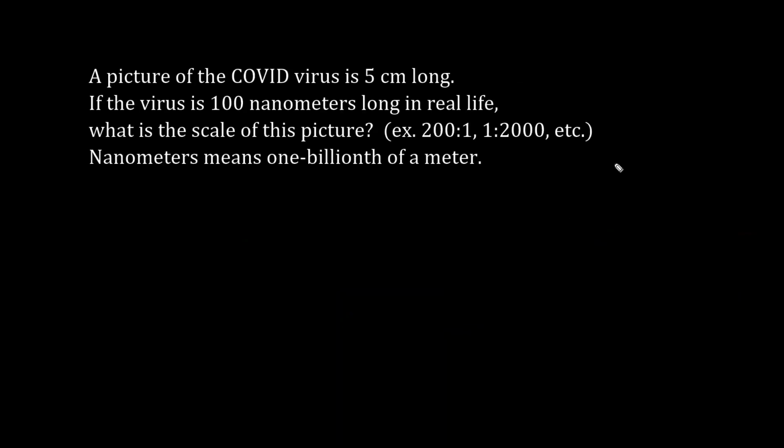So in the last example, we had some ratio, fake to real, involving a toy car. We had 1 to 20, in which the real thing, the car, was 20 times bigger than the fake thing. But in this example, we actually have it reversed. The fake is bigger than the real. This picture, the fake picture of a COVID virus, is 5 centimeters long.